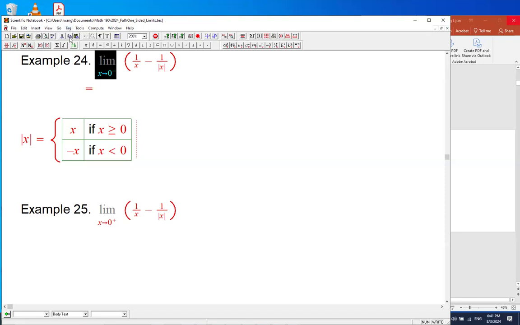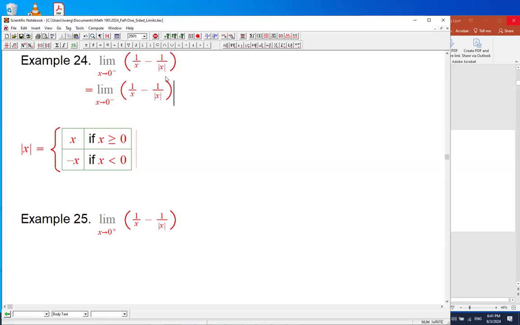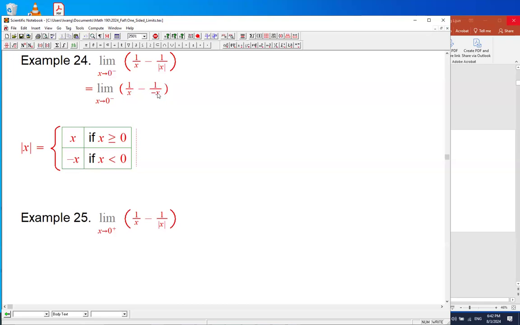When x is approaching 0 from smaller than 0, the only part we need to handle is the absolute value of x. If x is negative, the absolute value of x is negative x. And that equals 1 over x minus 1 over negative x.